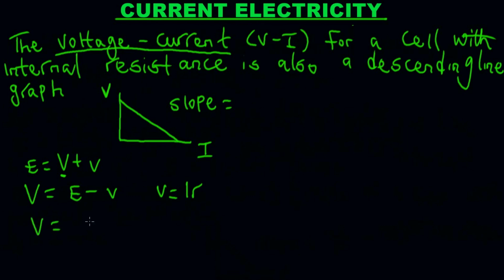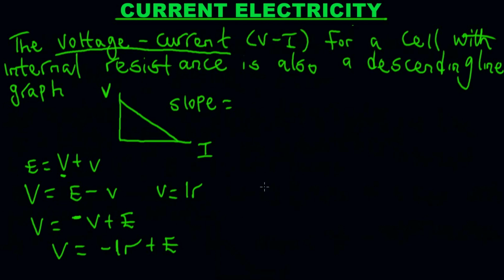Let's arrange this: V is equal to minus V plus E. So going ahead to substitute, we'll be having V as minus IR plus E.